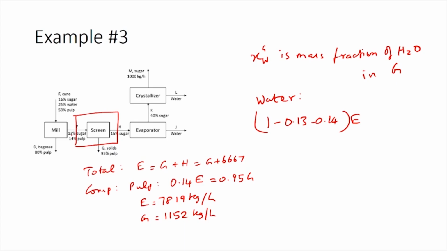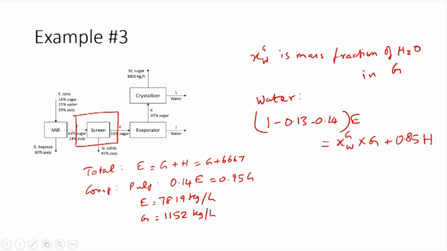You now have the exit streams. So, the exit stream would contain XWG times G, where XWG is the mass fraction of water in the stream G, and you also have water leaving through the H stream, which is 0.85 times H.